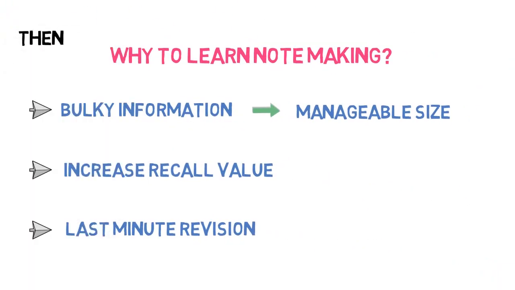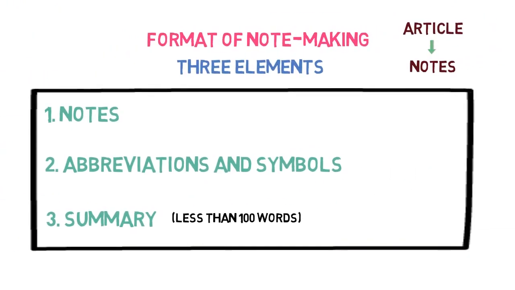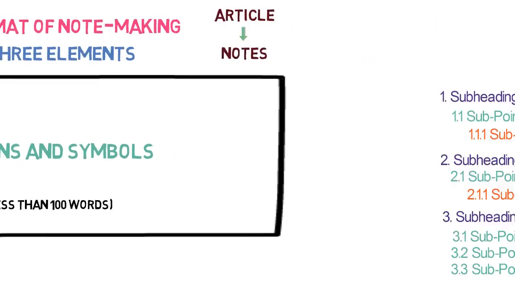Then we understood why note making is an important art to learn. Next, we learned the format of linear note making. 3 elements in sequential order must be there when note making comes in any exam. Number 1, the actual notes. Number 2, abbreviations and symbols used in the notes. And number 3, summary of the notes, which should not be more than 100 words.